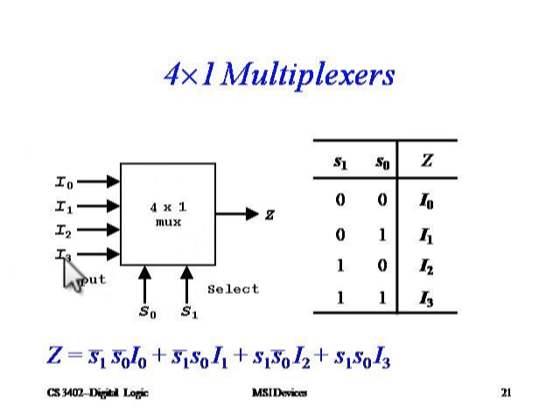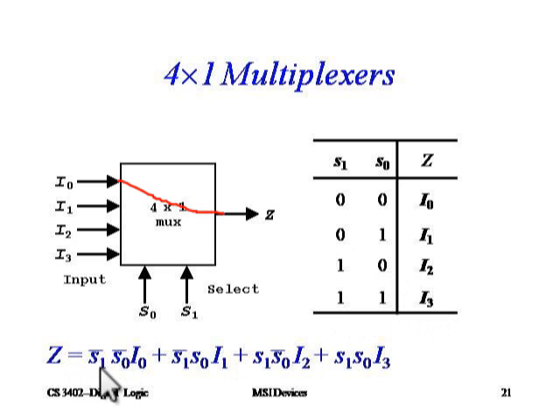So in total there are 6 input lines, and the output of any multiplexer is always fixed, that is 1. Whenever S1 and S0 are 0 0, I get I0. Whenever it is 0 1, I get I1. Whenever it is 1 0, I get I2, and whenever it is 1 1, I get I3.